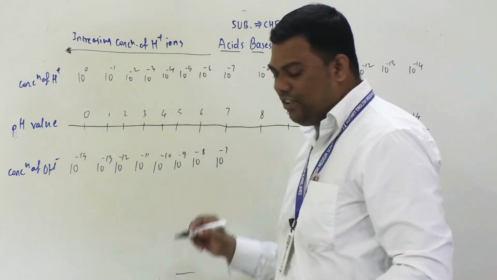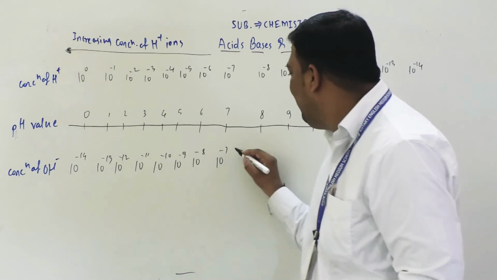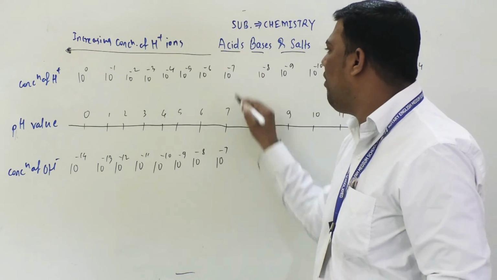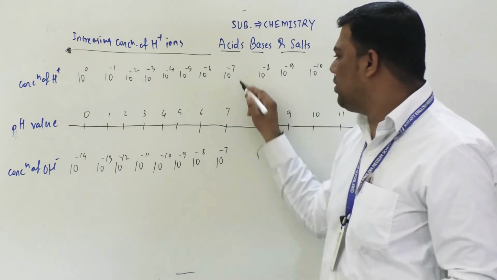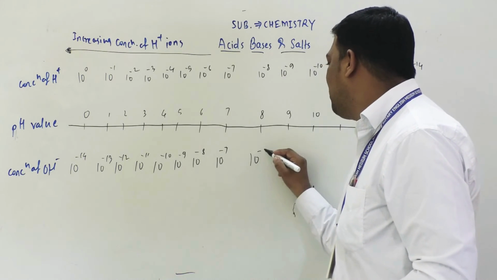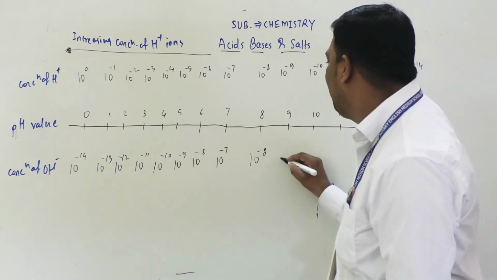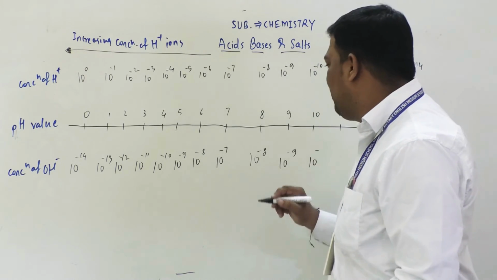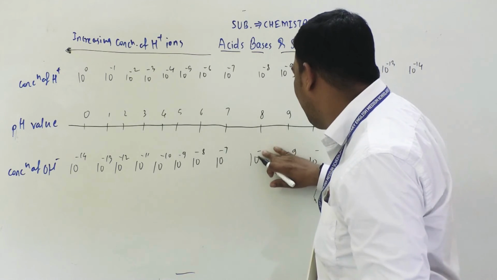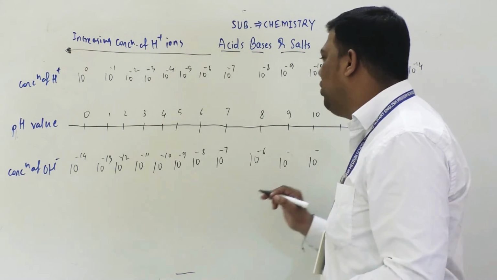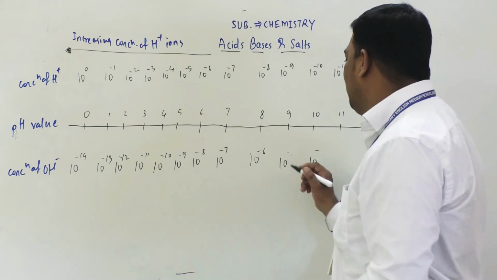Here obviously it will come 10 to the power minus 7, which means neutral, where the concentration of H plus is equal to the concentration of OH minus ion. Then minus 6, decreasing concentration of H plus and increasing concentration of OH minus ion.